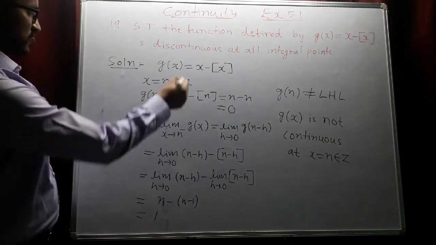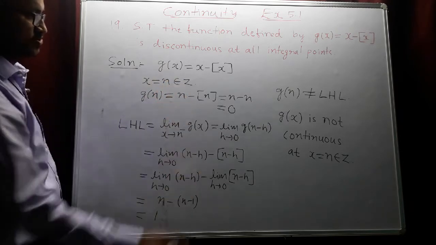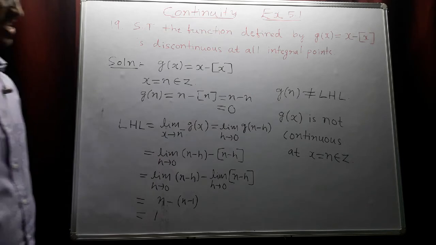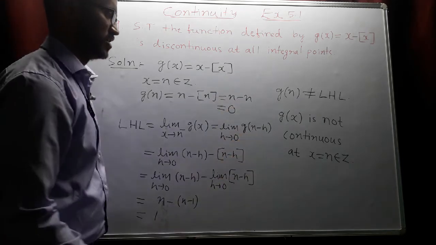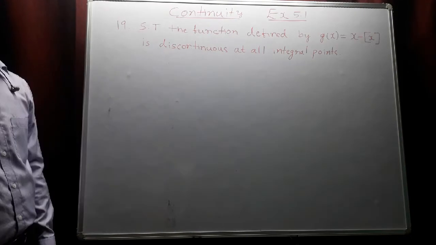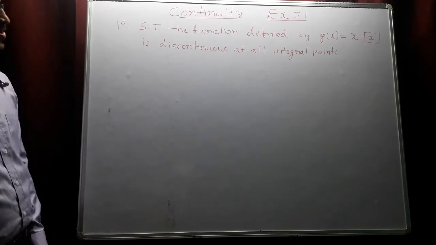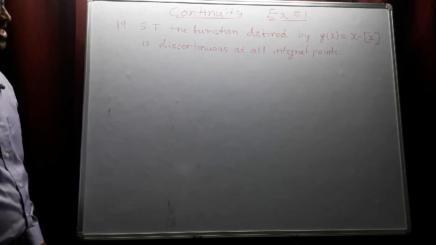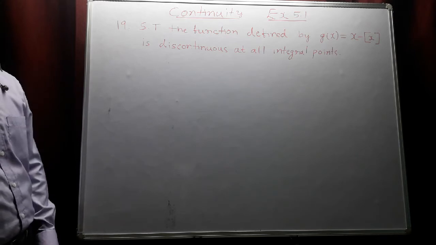So we consider only integer values. So what happens? At integral values, the given function is not continuous. So we have proved the given function is discontinuous at the integral points.